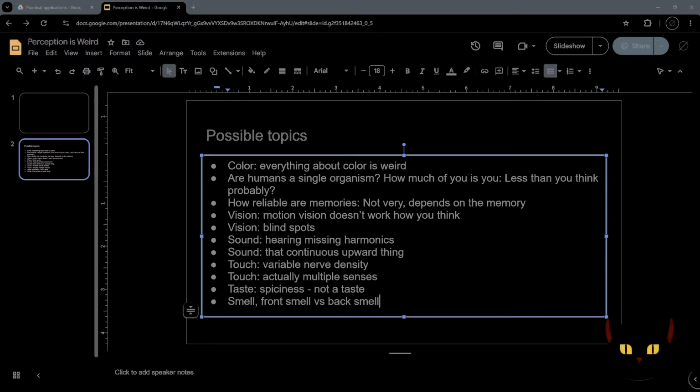But yeah, having particles from what you're eating go up through your throat and then out through your nose backwards is why things don't taste like anything when you have a cold. It's stuffed up. On the other hand, things don't taste like anything after COVID because COVID has damaged a bunch of your nerves.